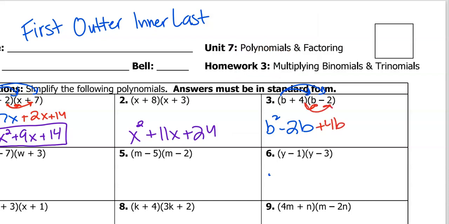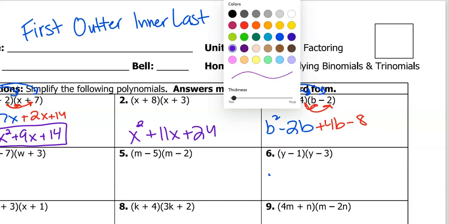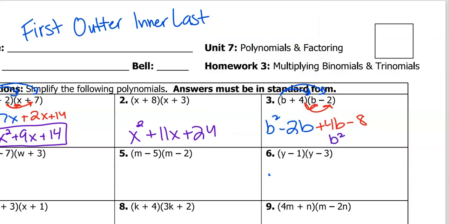And then 4 times negative 2 is negative 8. Is that my answer? No. What do you have to do? It'll be b squared, negative 2 plus 4 is a positive 2b, and then minus 8. We good?